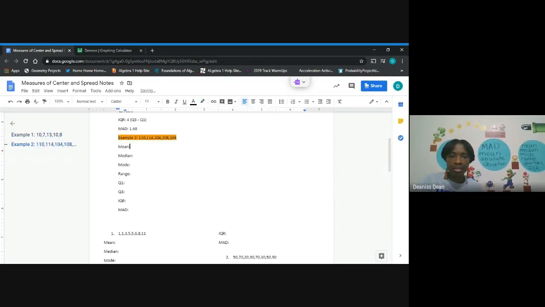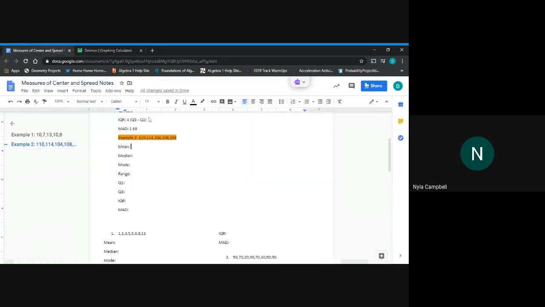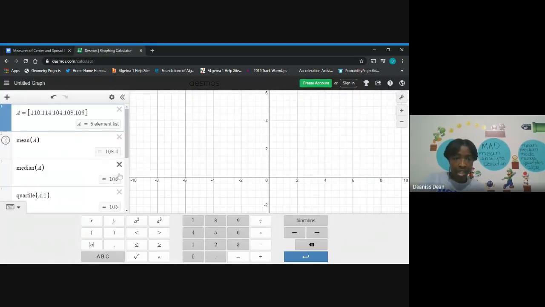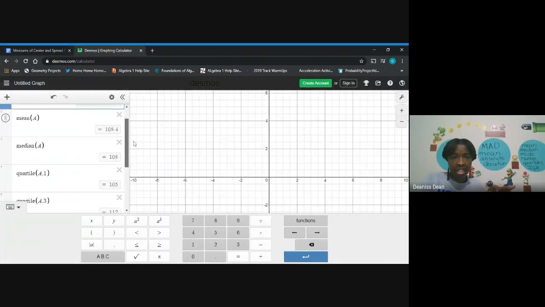All right, so example 2, if you look, I already have it all here. The mean is going to be 108.4. Okay, the median is going to be 108. All this stuff is just right here in the list, okay?